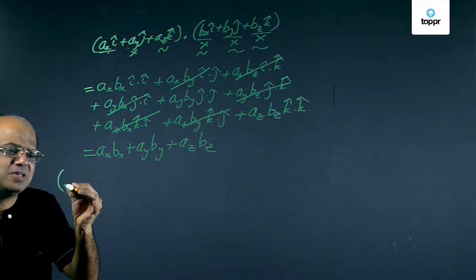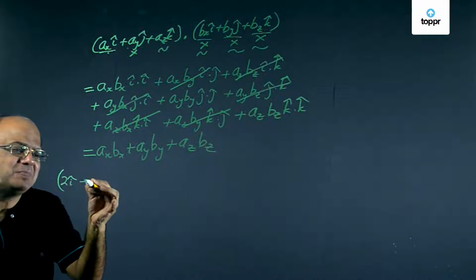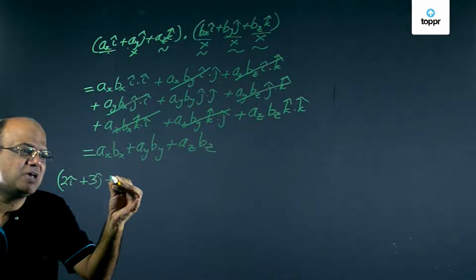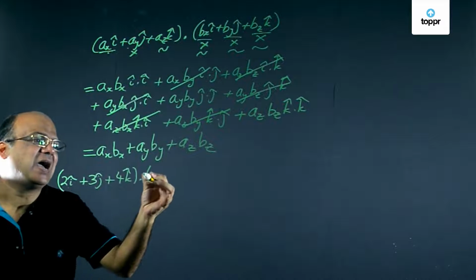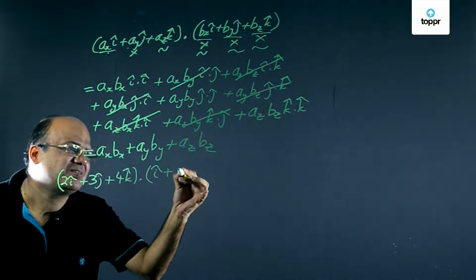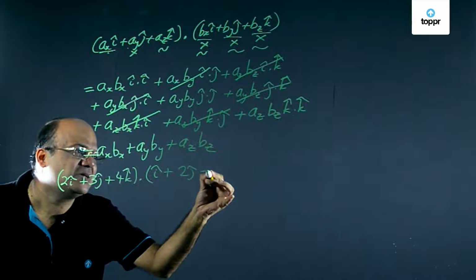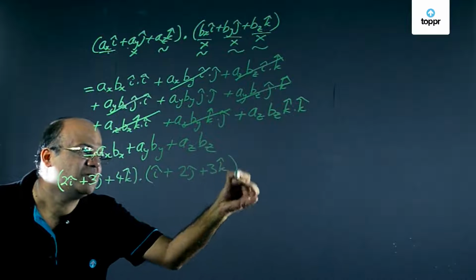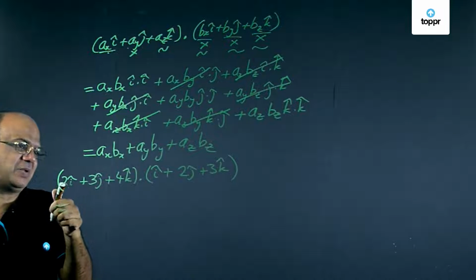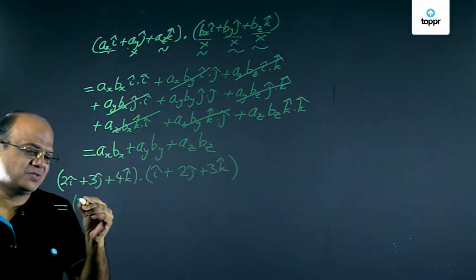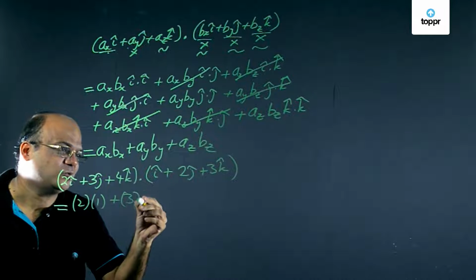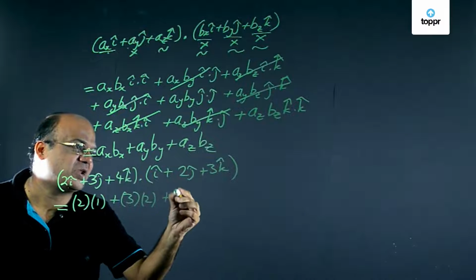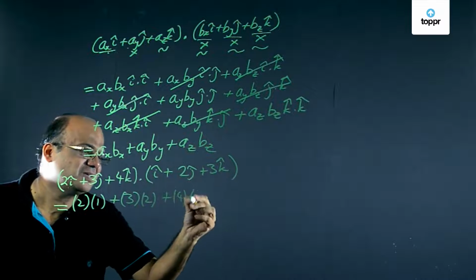For example, 2i cap plus 3j cap plus 4k cap dot i cap plus 2j cap plus 3k cap will be equal to, multiply 2 with 1, so 2 into 1 plus 3 into 2 plus 4 into 3.